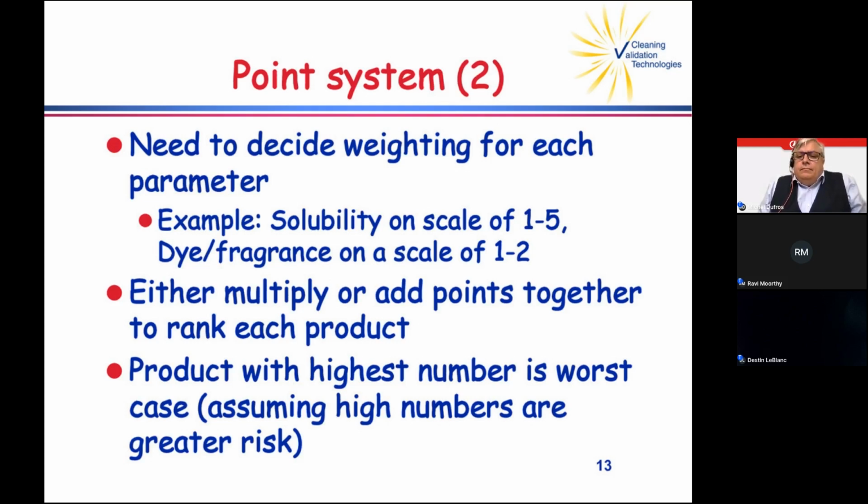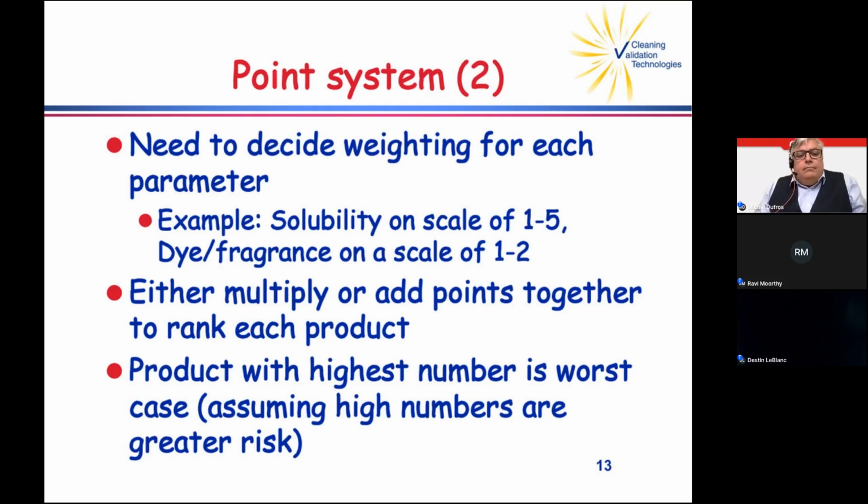For example, solubility may be rated on a scale of 1 to 5, 1 being easy to clean, 5 being worst case, most difficult to clean, whereas the weighting factor that's used for dyes and fragrances may only result in a scale of 1 to 2. In other words, solubility of the active is more important than the presence of a dye or fragrance.